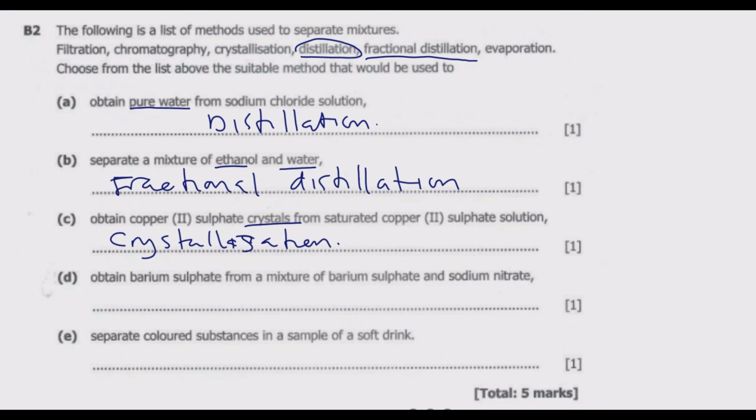Take note of the three: barium sulfate, calcium sulfate and lead sulfate. Because it's an insoluble salt, it's easier to separate it from the solution. So what you do is we just filter. We use filtration because it's not a mixture of liquids. One is insoluble.